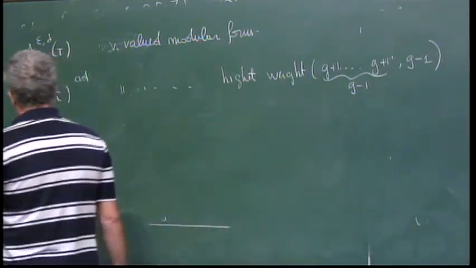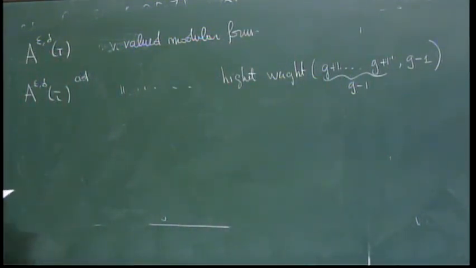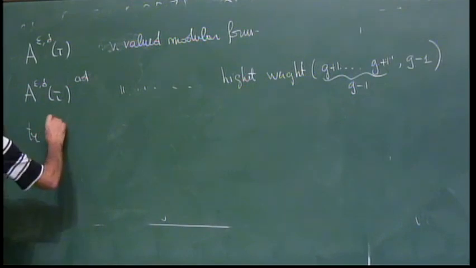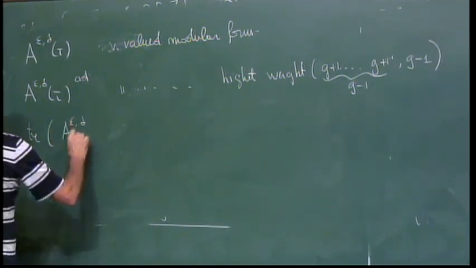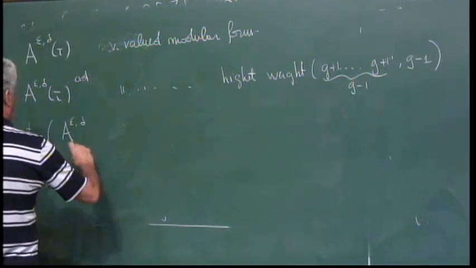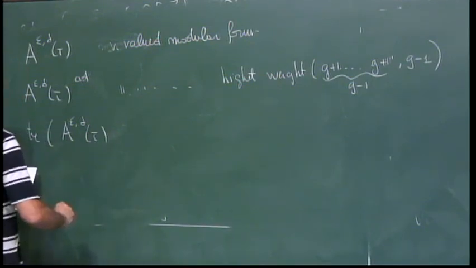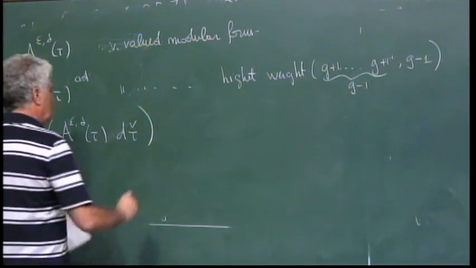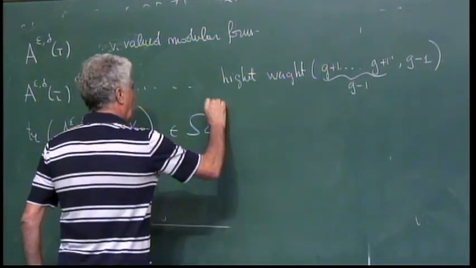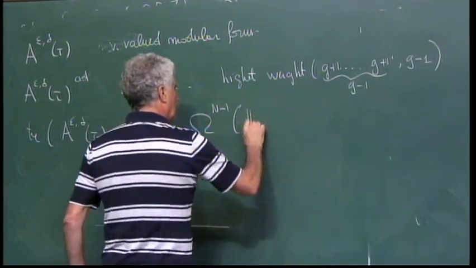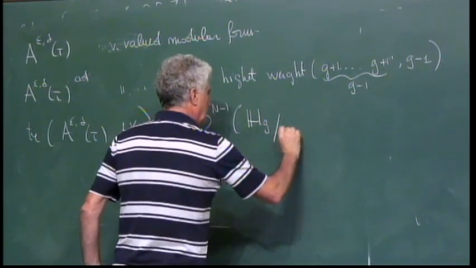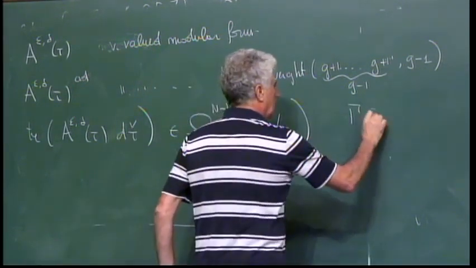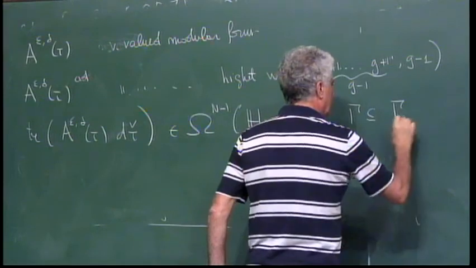Then there is a well-known fact that if you consider the trace of A epsilon delta tau of the tau sharp, what I defined before, this is an n-1 form on Hg mod gamma, where gamma is a subgroup of finite index in gamma g.